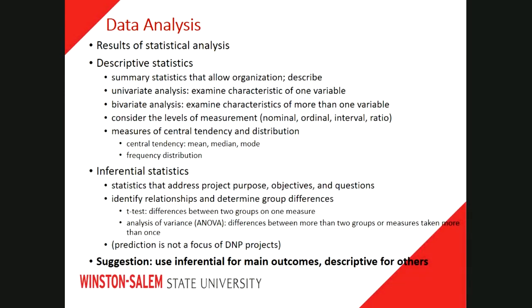So what I would suggest is that when you begin to further conceptualize and structure your DMP project, you use inferential statistics for your main outcome, as well as descriptives, but also use descriptives for other outcomes or other things that you may capture or measure.